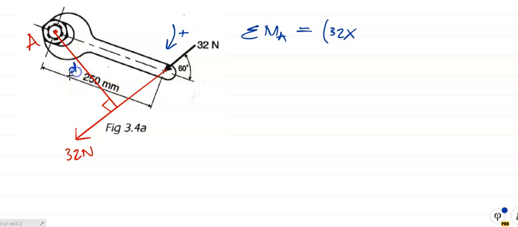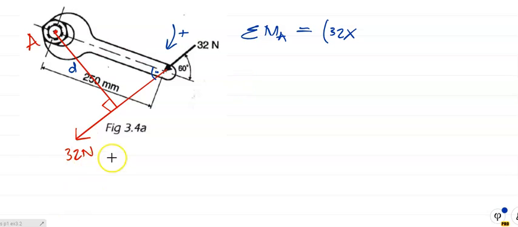We'll call it little d. Do we know what it is? No, we don't, but we know that angle there is 60 degrees. So we know the angle, and we know the length of the hypotenuse, which is 0.25 meters. Therefore, using famous old trigonometry, we can work out what little d is, and then put it into our formula to find the moments about A.